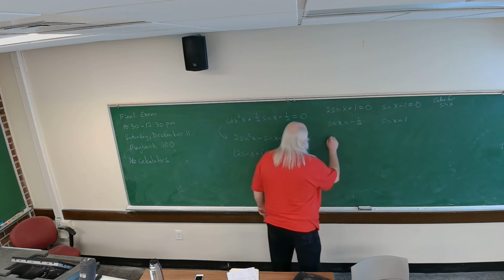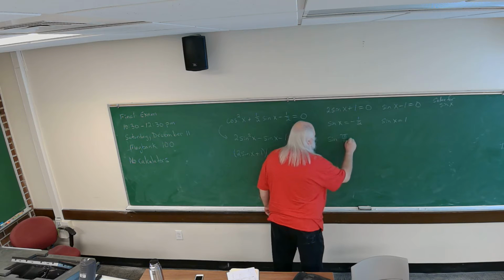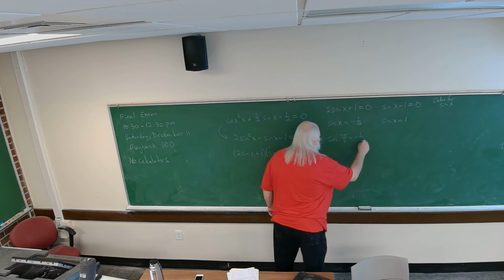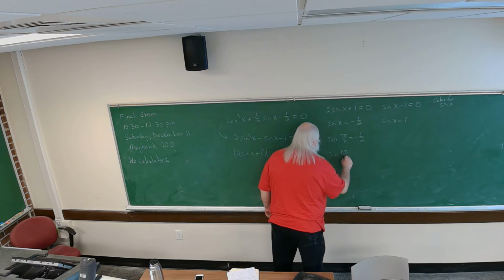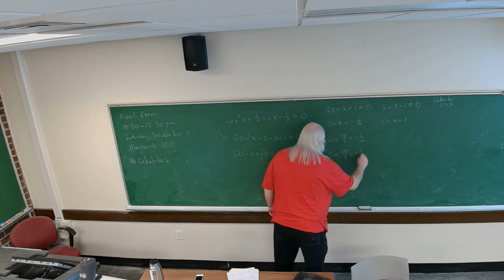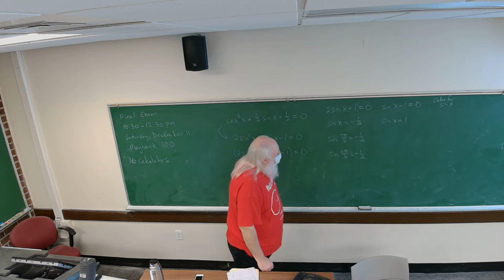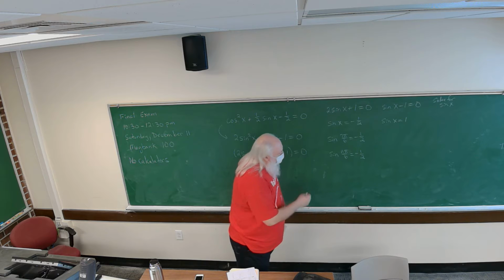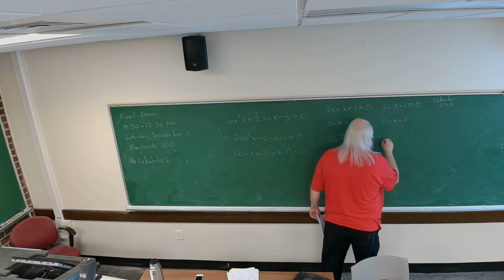You should recognize that the sine of 7 pi over 6 is equal to minus 1/2, and the sine of 11 pi over 6 is equal to minus 1/2. And then sine of x equals 1. The only place on the unit circle where the sine function is equal to 1 is at pi over 2.